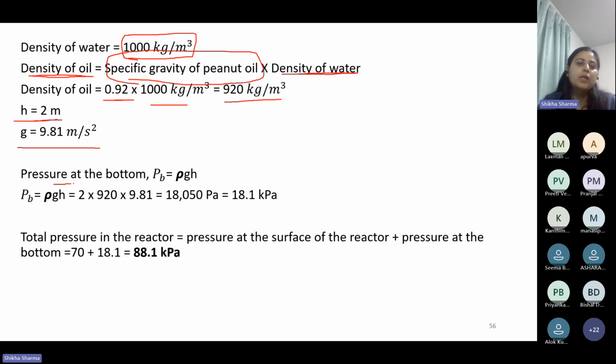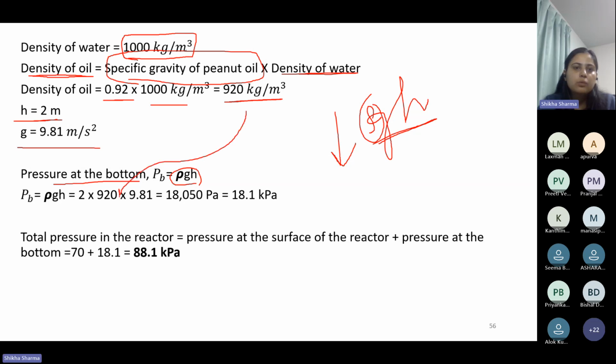So pressure at the bottom is equal to rho g h, the pressure due to the gravitational pull. Rho is the density, which we calculated as 920 kg per meter cube.